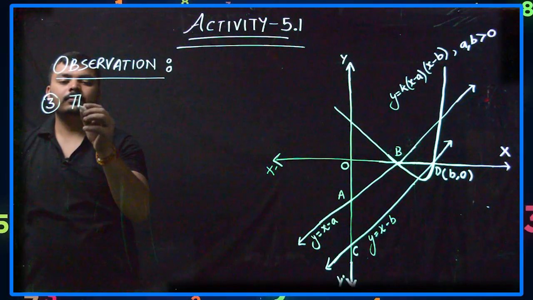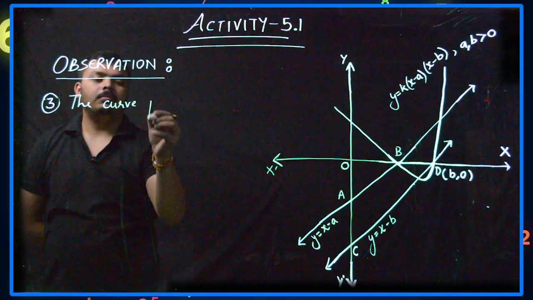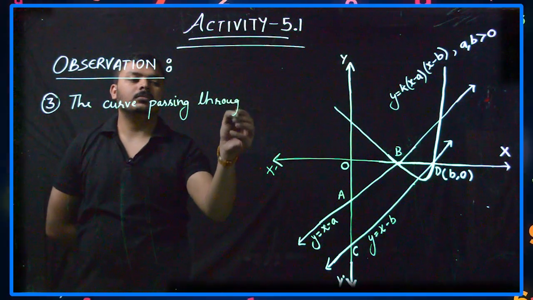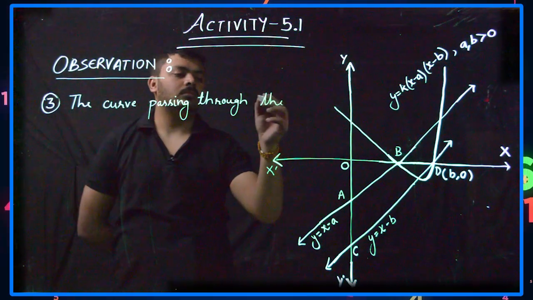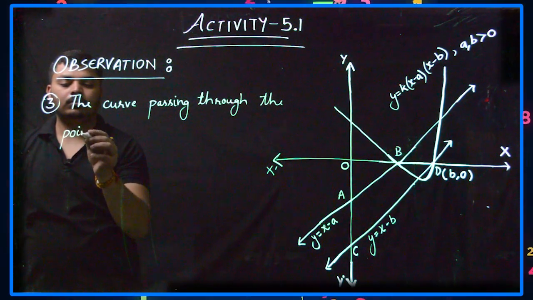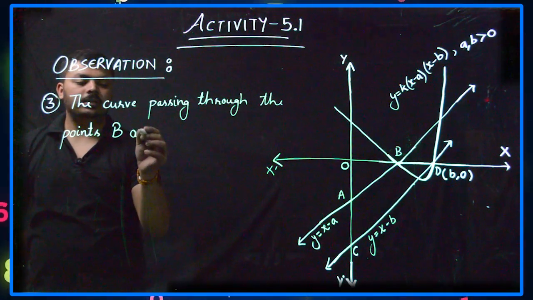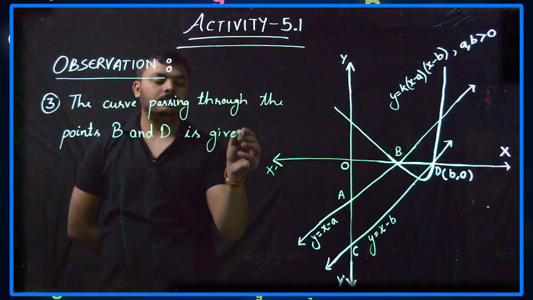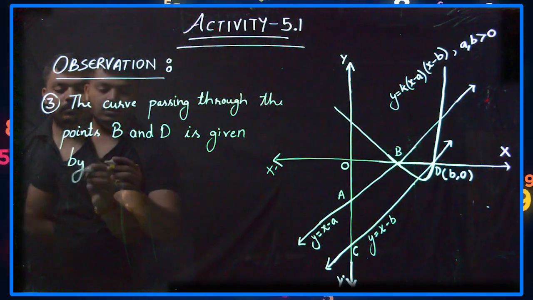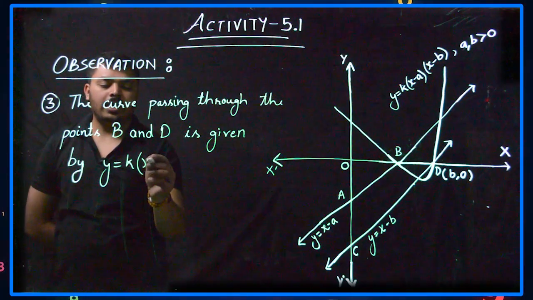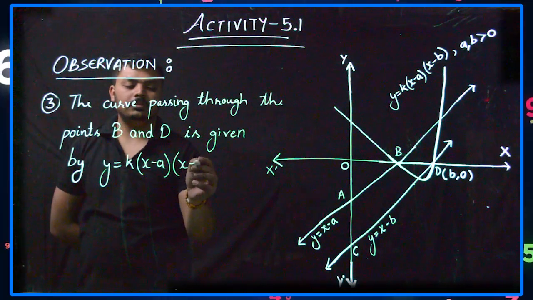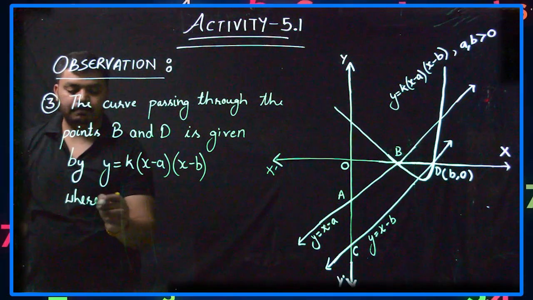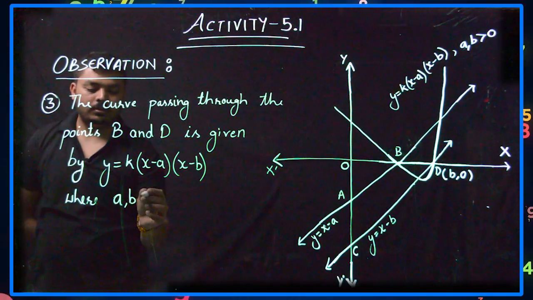The curve passing through the points B and D is given by y equals k times x minus a into x minus b, where a and b are greater than 0.